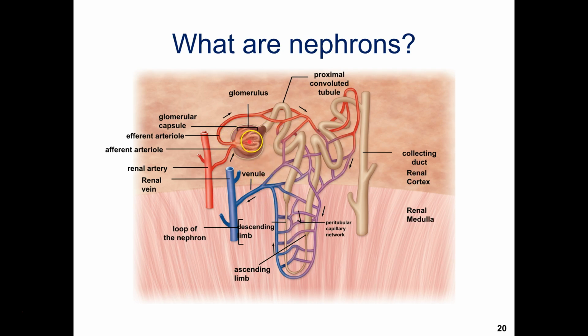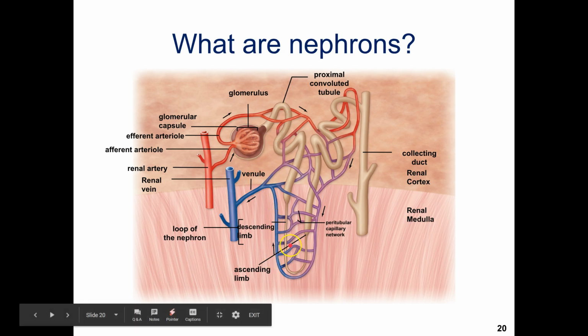So stuff that's smaller than formed elements goes through this proximal convoluted tubule, and the stuff that you want to keep in your blood starts to exit these sections of the nephron and get reabsorbed by the capillaries, okay?